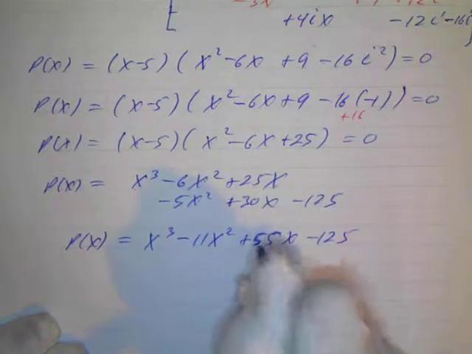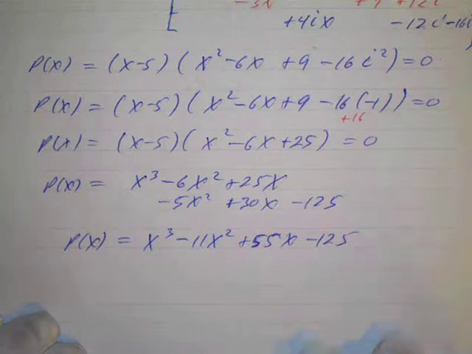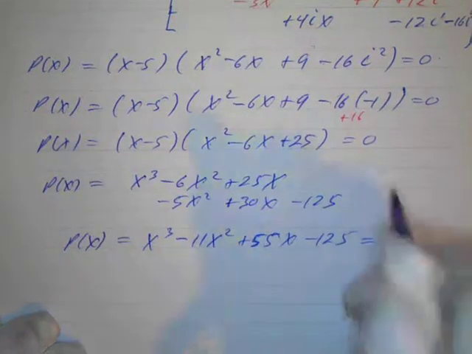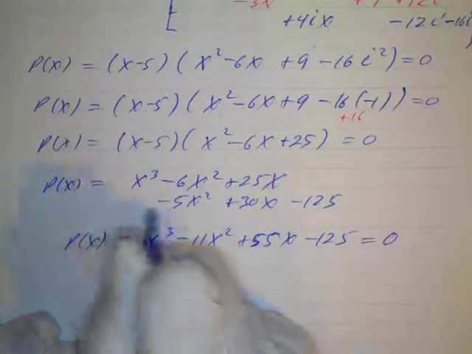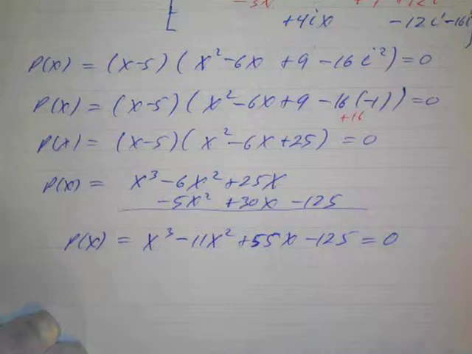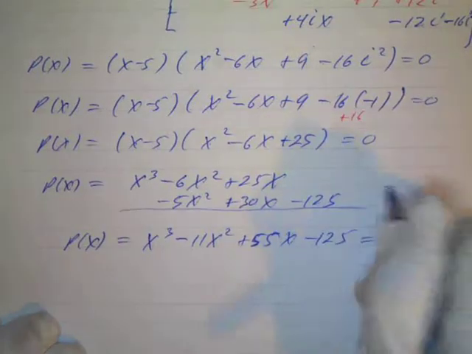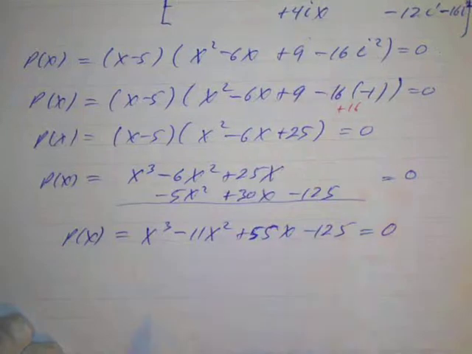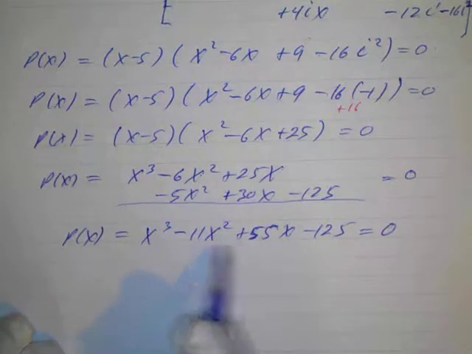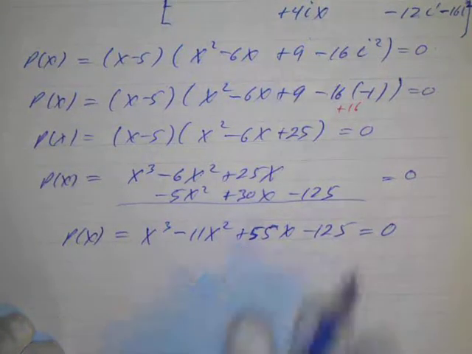Sorry about this, there's 5s there. And there we go. So there's your polynomial equation. We're going to add those up, so all these would actually add to 0 also. So x cubed minus 11x squared plus 55x minus 125.